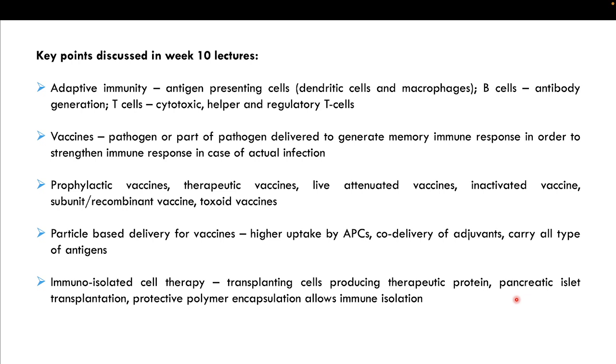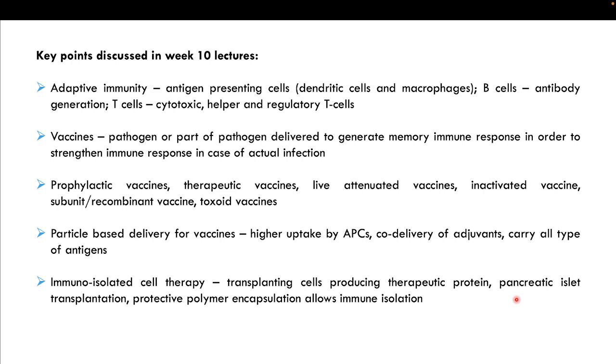So what you can do is take the beta cells of the patient and encapsulate them in a polymer membrane, and then deliver this implant in the patient's body. The membrane you have selected is going to be selective to only a few molecules. It will allow nutrients to come in. It will allow the insulin that is produced by the beta cells in the encapsulation to go out and perform its activity.